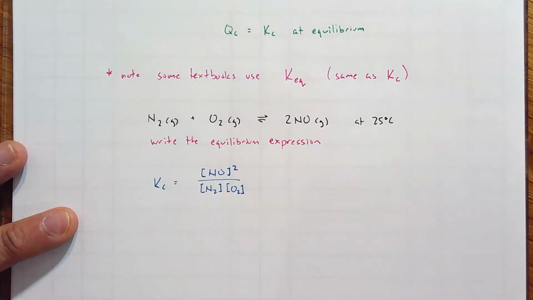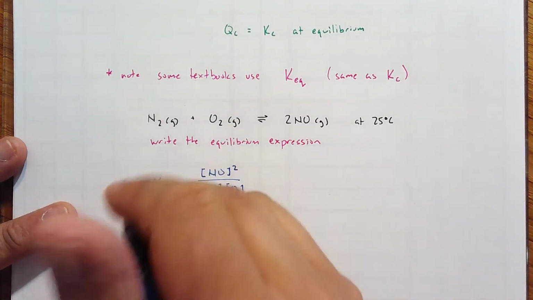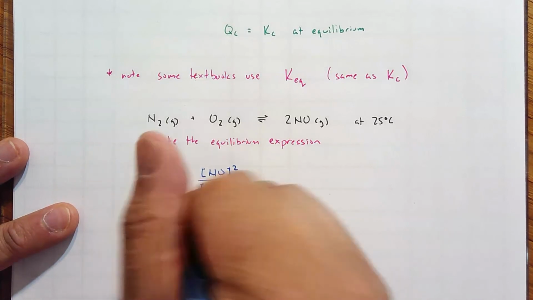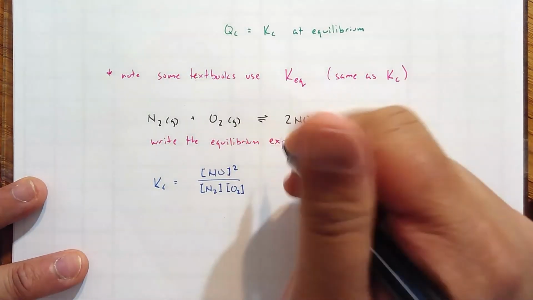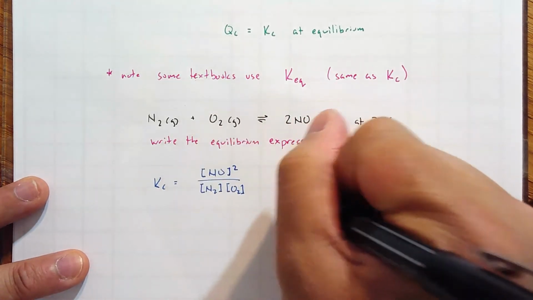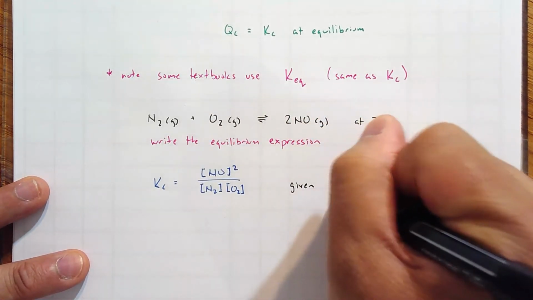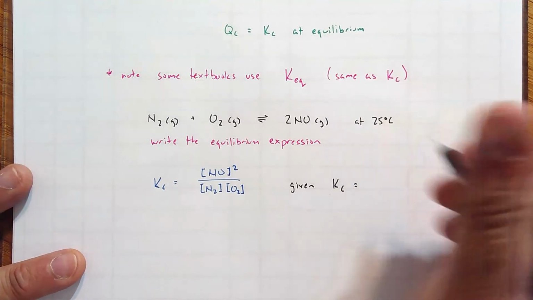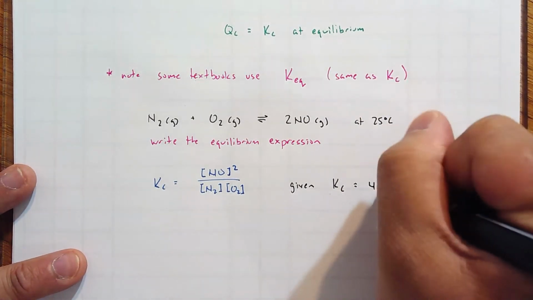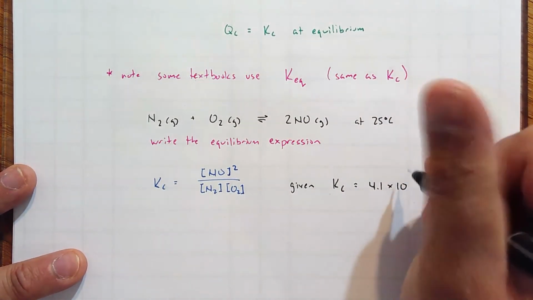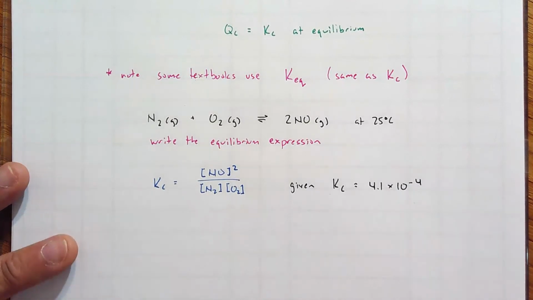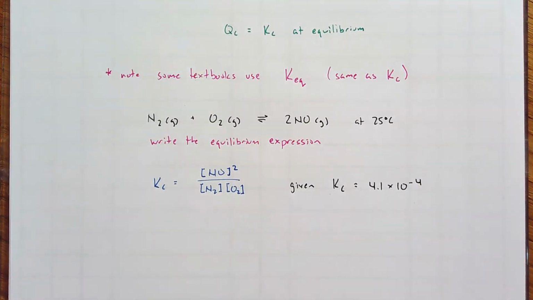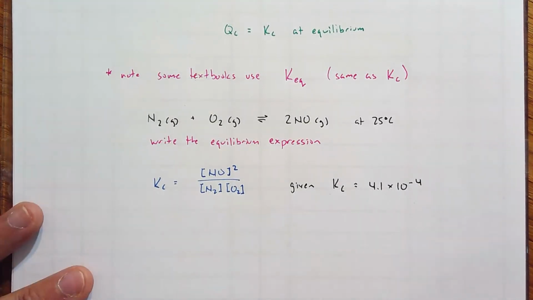Okay. And what does it mean? Let's say we run the experiments and we're given that Kc is equal to 4.1 times 10 to the negative 4. What does that mean for us?